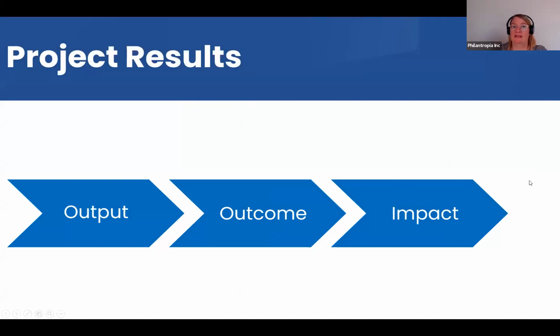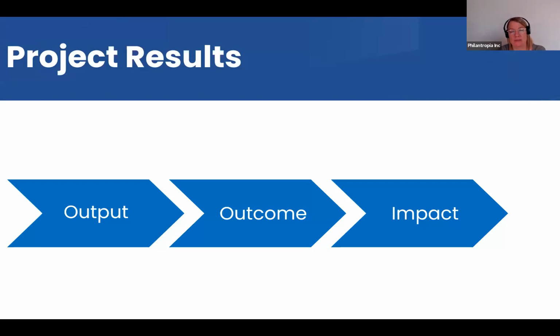So here you would be at the very, very bottom stage of project results. The output of a teacher's training is the teachers attended the training and learned something. So very, very basic, what happens immediately after the training. But it's a little bit more than just teachers were there. It's a tiny bit more. They were there, they attended, they learned something.